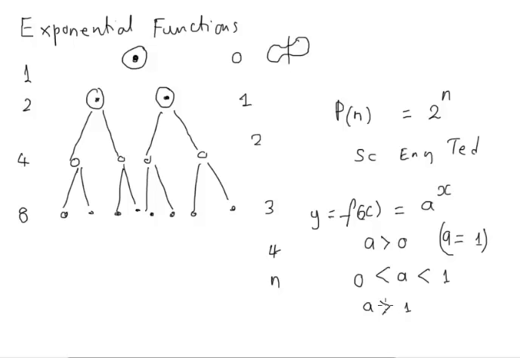Okay. So in other words, we're going to look at the function f of n is equal to 2 to the power n, but I want to take those discrete values like 0, 1, 2, then we go on.